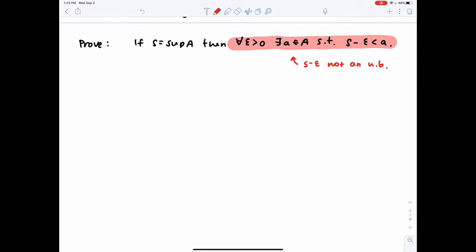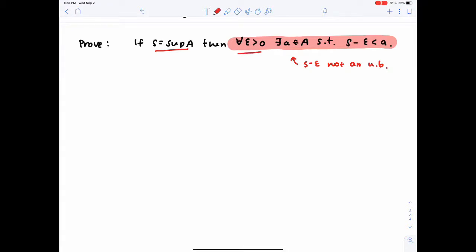We can prove this implication however we want, using any proof technique that we want. So we could prove it directly, we could prove it by contradiction, we could prove it by contrapositive. Some people might be naturally drawn to doing contradiction or contrapositive, and the reason why is, well, one, people just like those proof techniques, but two, notice that if I were to do it directly, I'd be assuming S is the sup, and then I have to prove a for all statement.